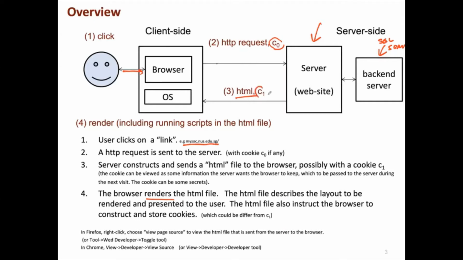And the browser will store the cookie C1. We'll go into more detail later. This HTML page could also contain programs like script files. So when the browser receives the HTML page, the process of rendering the HTML page may involve processing of some script files.